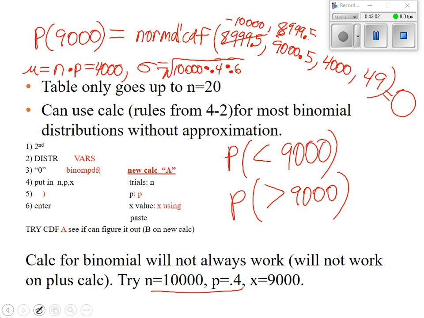What's the lower limit going to be this time? 9,000.5. What's the upper limit going to be? Something bigger. We probably don't want to use 10,000 this time because we don't know if that's big enough, right? So 100,000. What's the probability that it comes out bigger than 9,000? 0. Is that what everybody's getting?